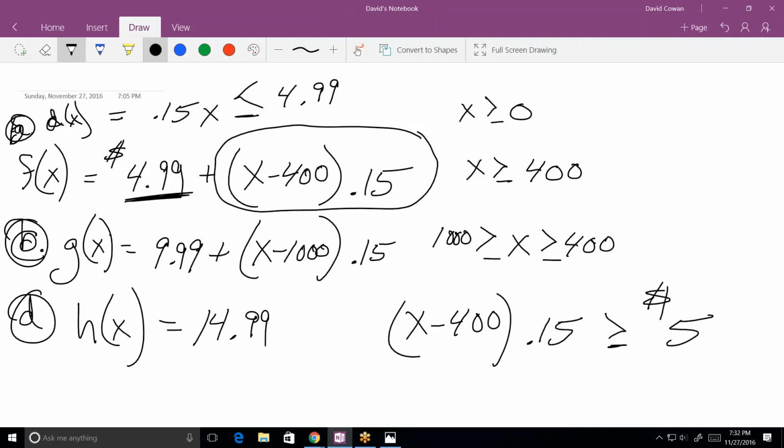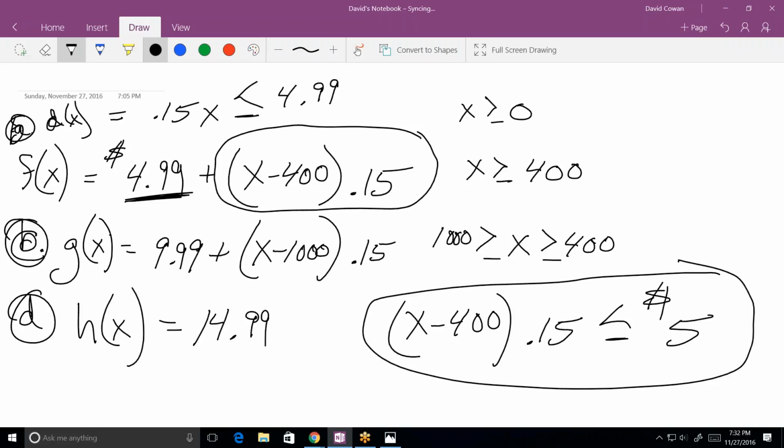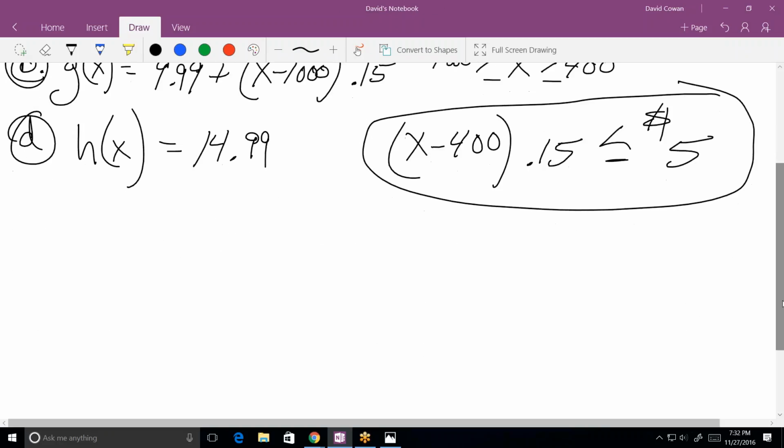In other words, let's say I send 500 texts. Well, it's got to be less than or equal to $5, not greater than. That's the equation we have to solve right there. Let's see if we can come up with that exact number.